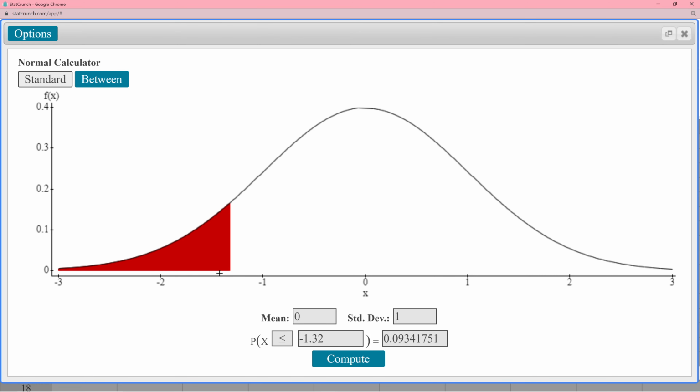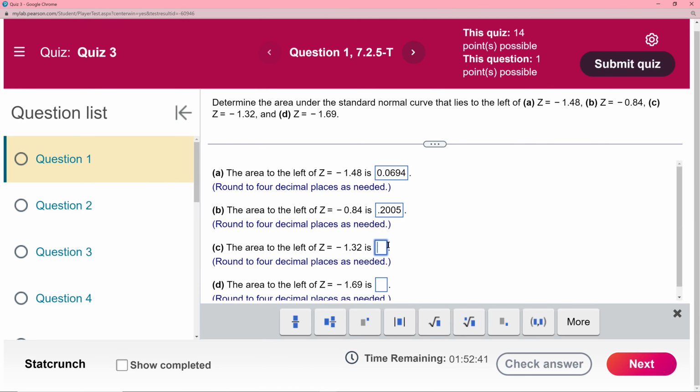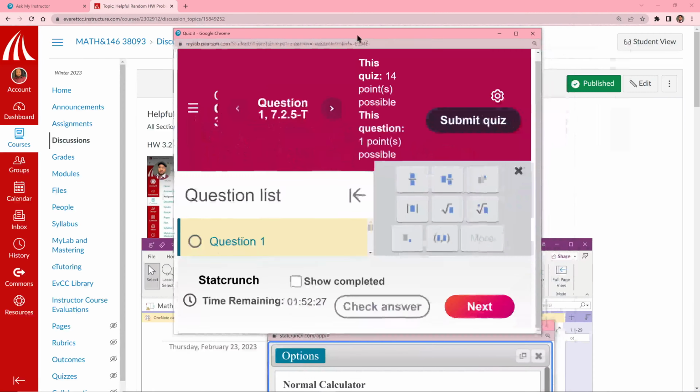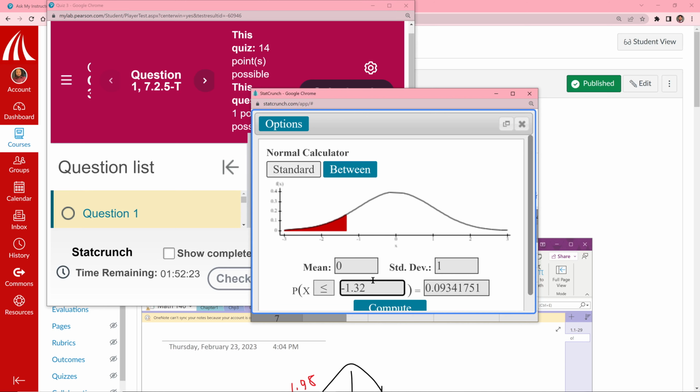or compute. And this looks reasonable. This looks right. The area to the left of negative 1.32 is 0.0934. And then negative 1.69, we could do the same thing there. Okay. We could change this.